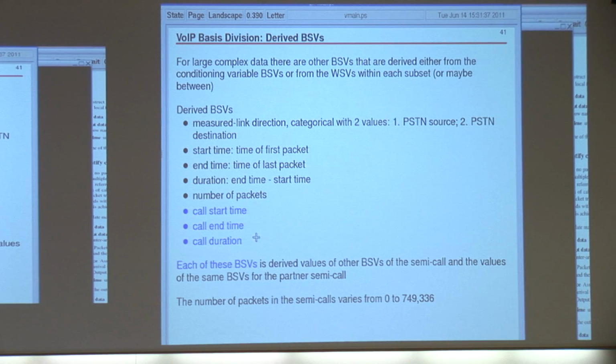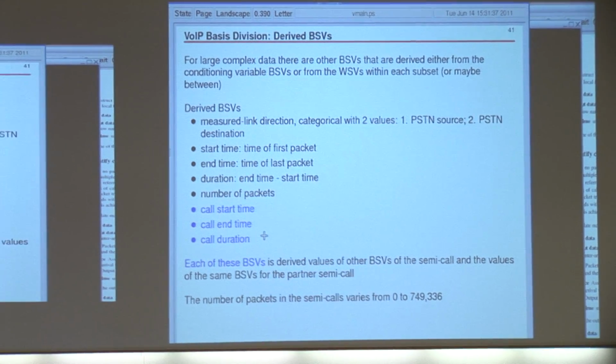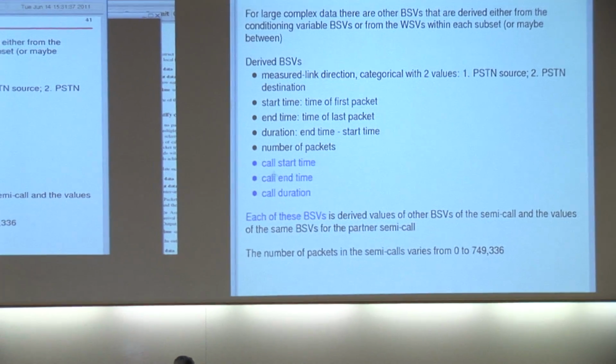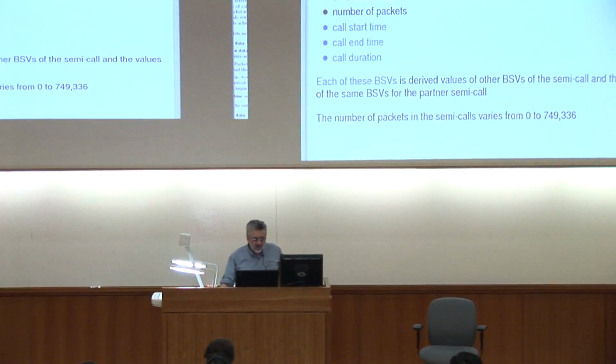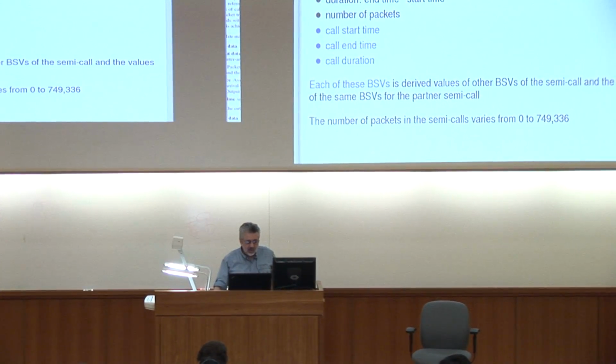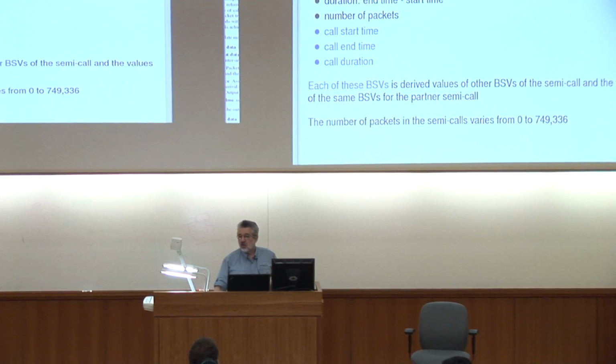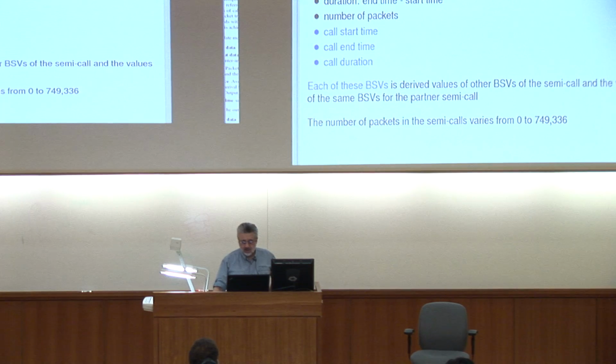I won't go into exactly why, but when we talk about a call duration, we're going to take the two partners of a single call and get a single variable for those two partners. So the call start time, the call end time and the call duration come from the start and end times of the two partners in a call.